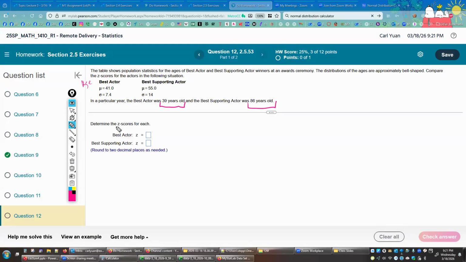Determine the z-score for each. So z equals x, which is our point of interest, minus the mean, divided by the standard deviation. So we would do 39 minus 41 for best actor, over 7.4.